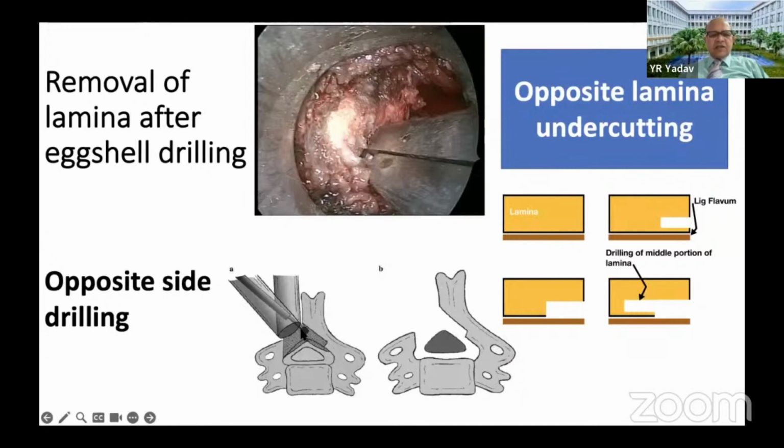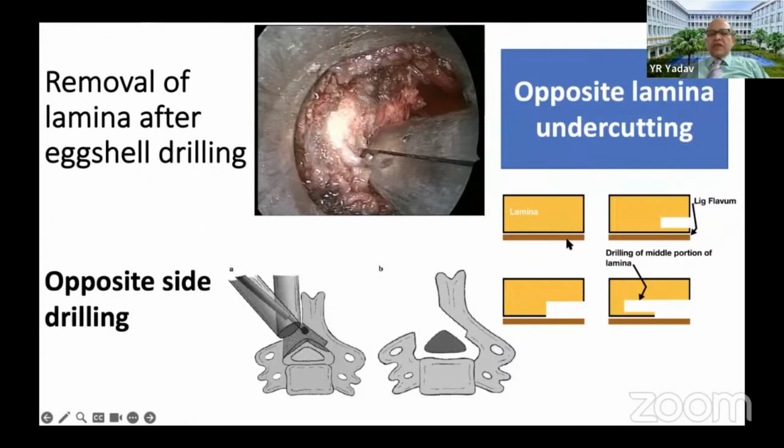I have told you the trick of how to undercut this. If you drill the lower part of this lamina, then it might also injure the ligamentum flavum and the dura.